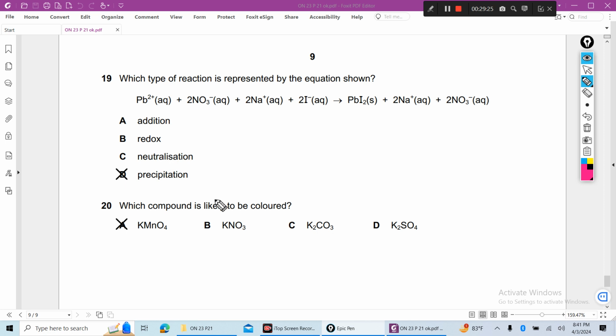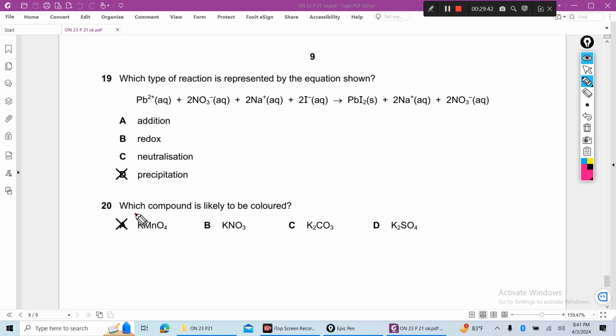Then next, which compound is likely to be colored? You know which compounds are colored? Transition metal containing compounds are colored.